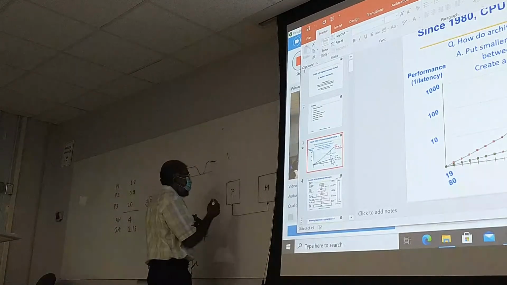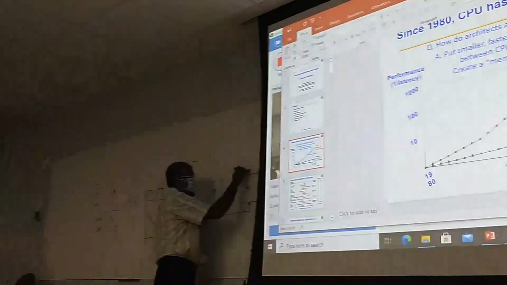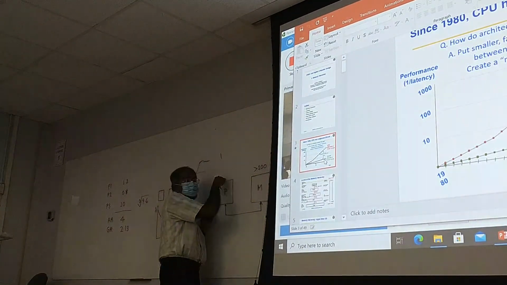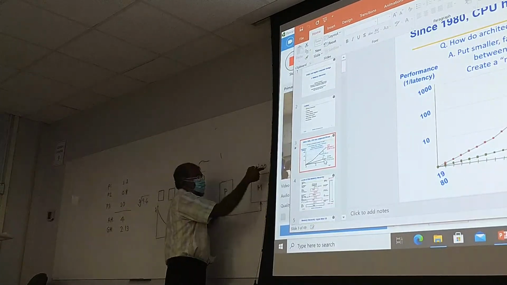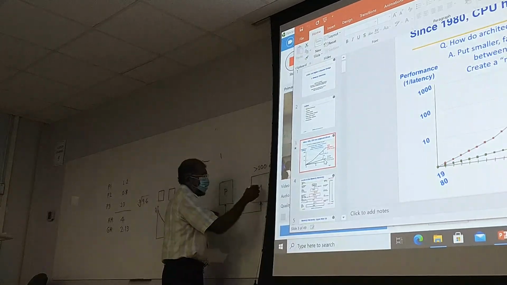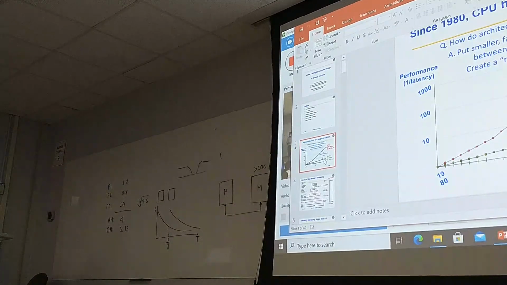Right now, it's actually more than 100 cycles. This is talking about processor cycles. So in terms of processor's clock speed, it takes more than 100 cycles to get data from memory. And that's only going to continue to go up.